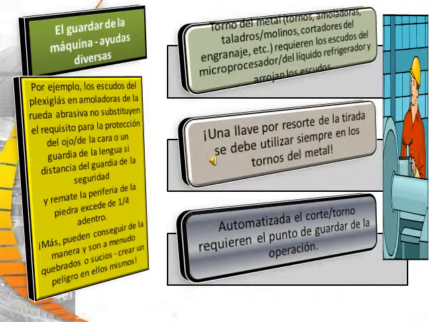Examples of this are plexiglass shields on abrasive wheel grinders, which do not substitute for the requirement for eye and face protection, or a tongue guard if the distance from the safety guard to the top periphery exceeds 1/4 inch. Plus, they can get in the way and are often broken and dirty, creating hazards in themselves.